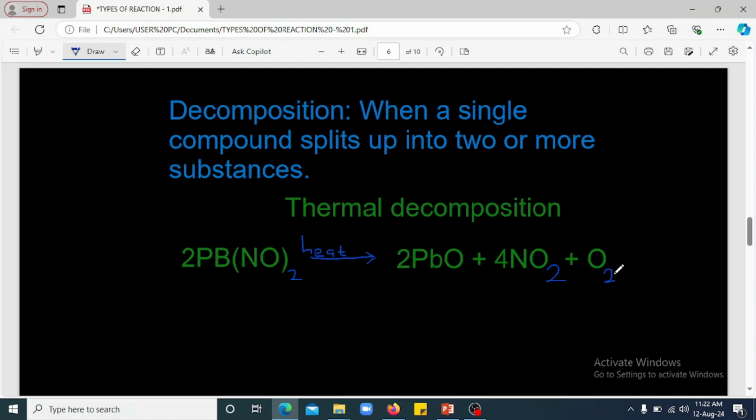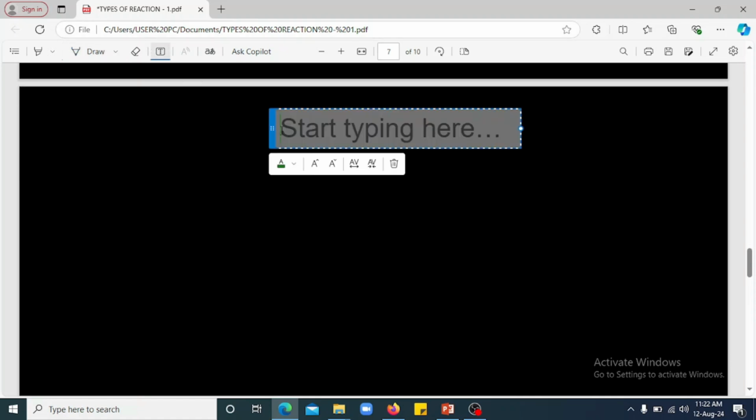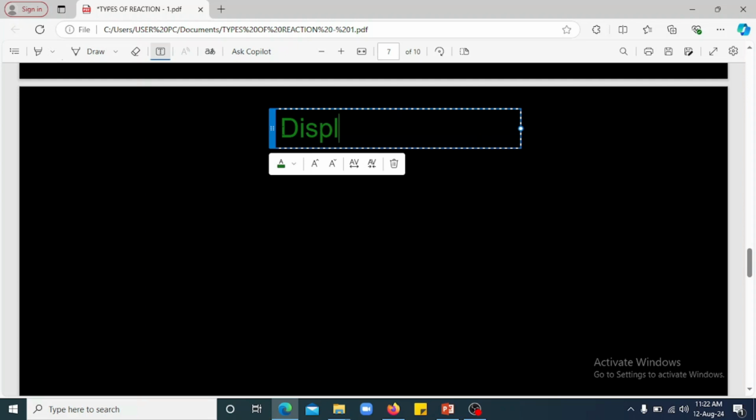Let's go to the other type of reaction, and that is displacement reaction. Now, from the word displacement, it means something is displacing the other.